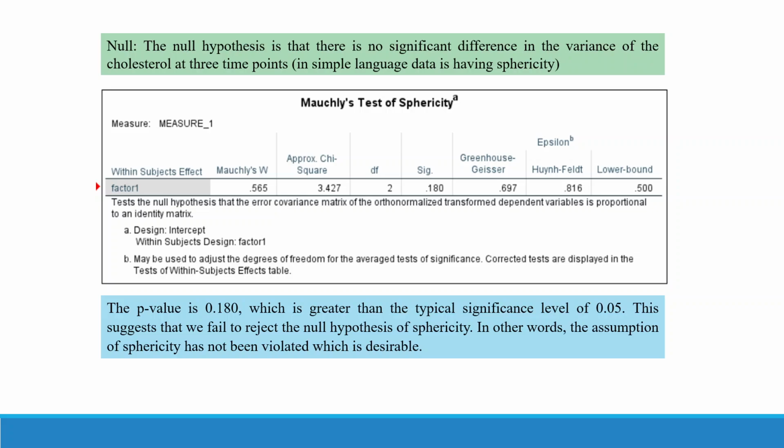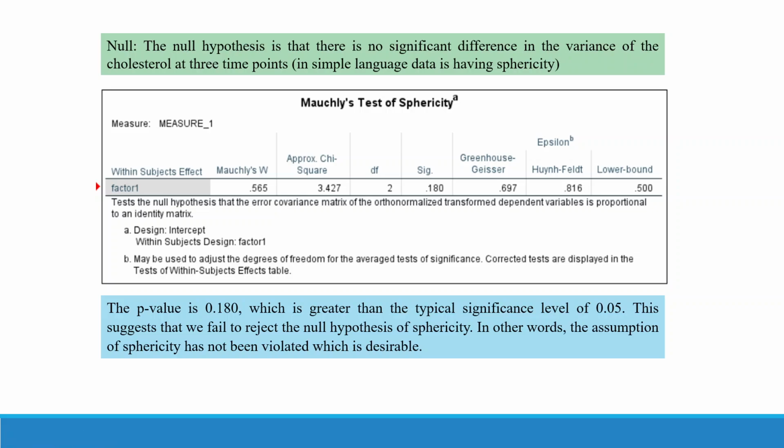Let's do the interpretation. The p value is 0.180, which is greater than the typical significance level of 0.05. This suggests we fail to reject the null hypothesis of sphericity. We fail to reject, so at the back of your mind you should remember we are accepting the null.